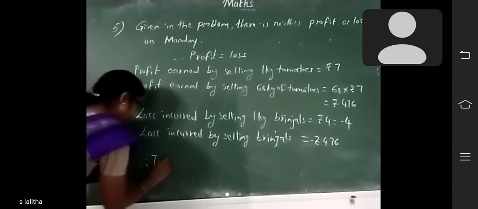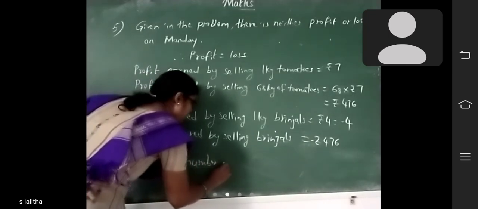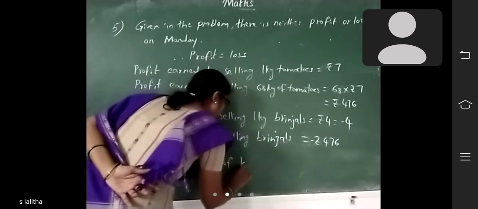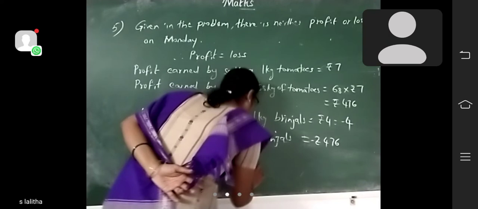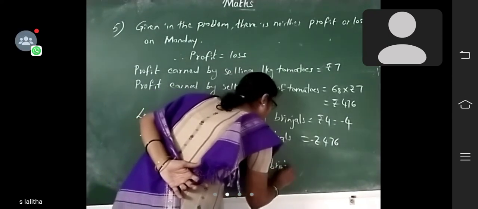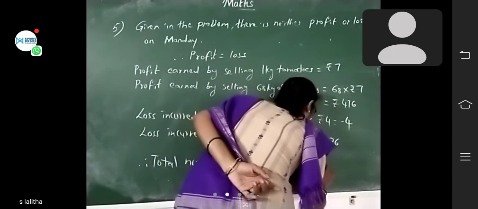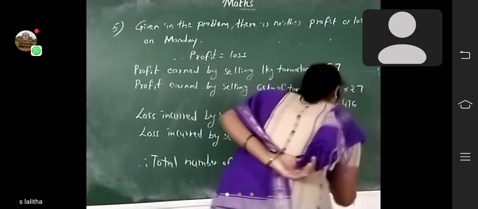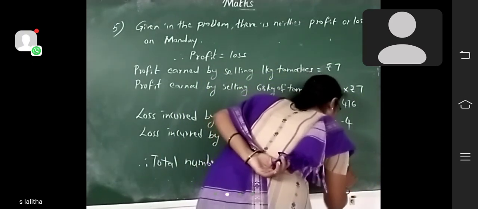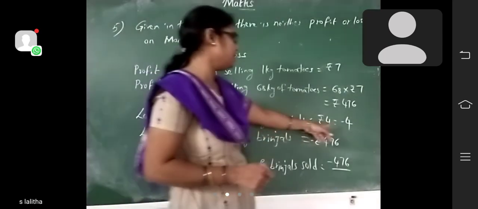Therefore, total number of kgs of brinjal sold equals minus 476 divided by, loss per 1 kg brinjal, how much? 4 rupees.